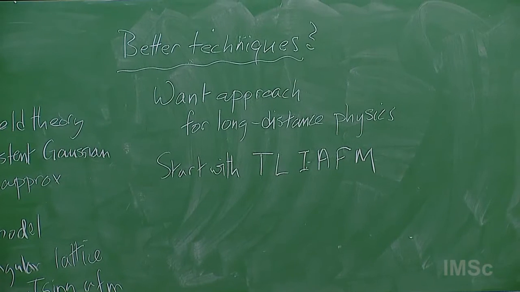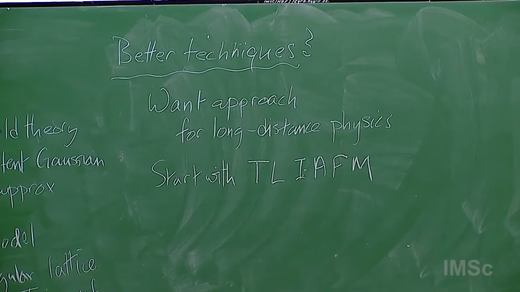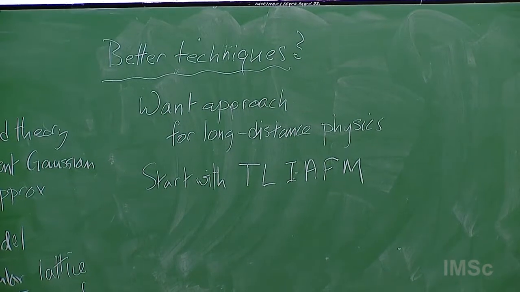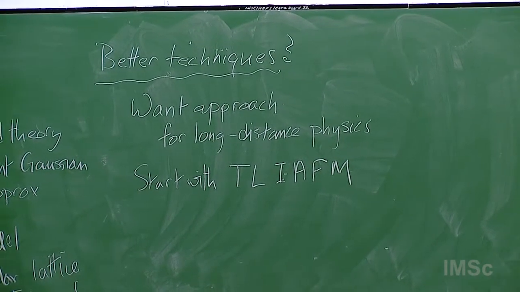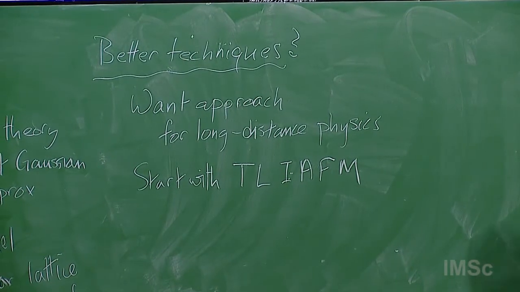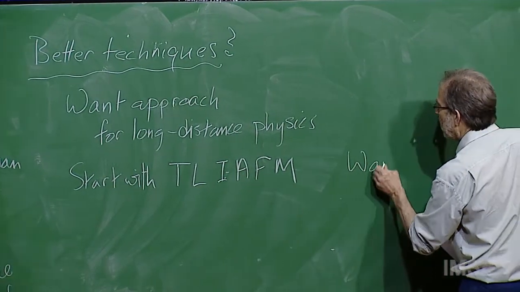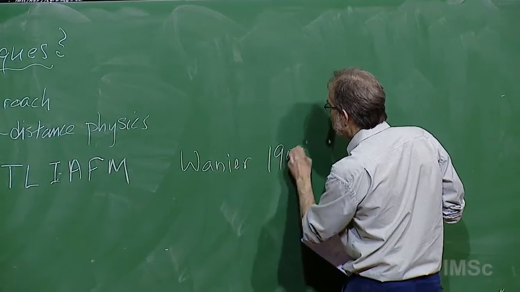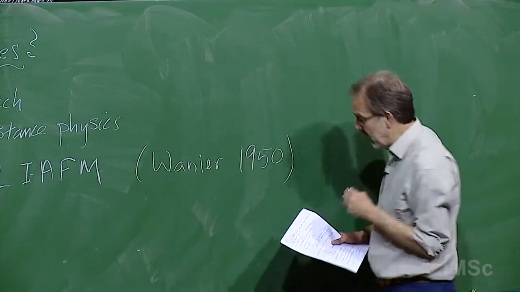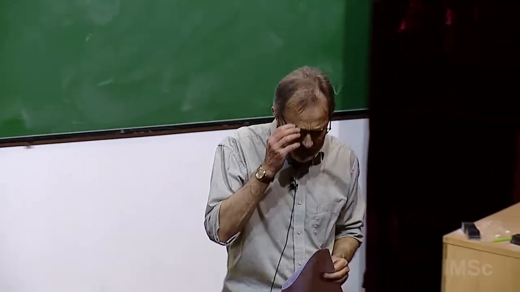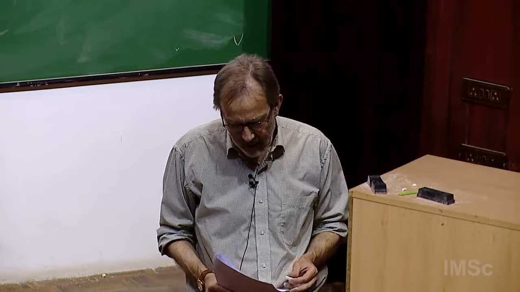And a few years after Onsager's exact solution of the square lattice Ising model, Wannier worked out some properties of the triangular lattice model. The first results are from Wannier in 1950, and one of the things he realized is that there's no finite temperature phase transition.